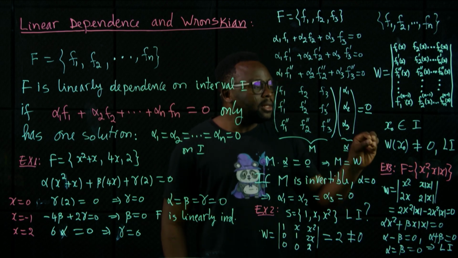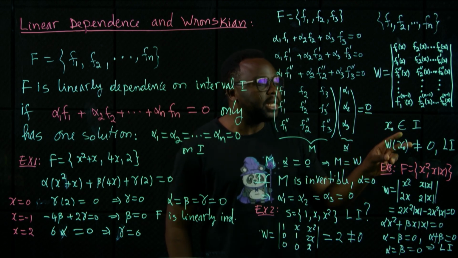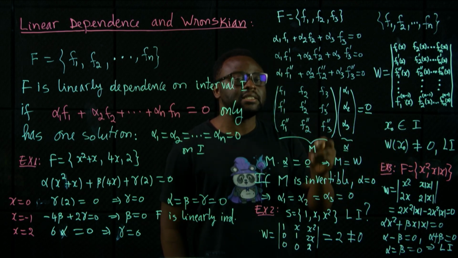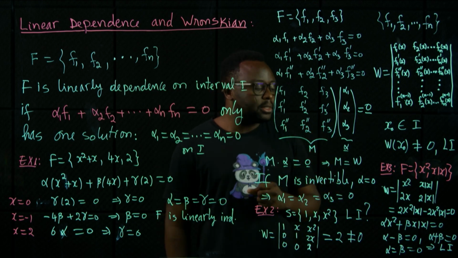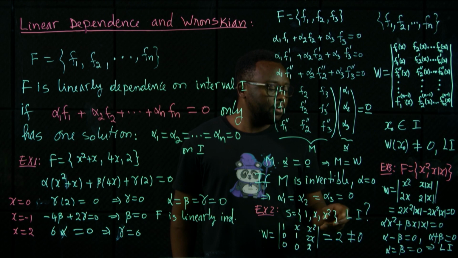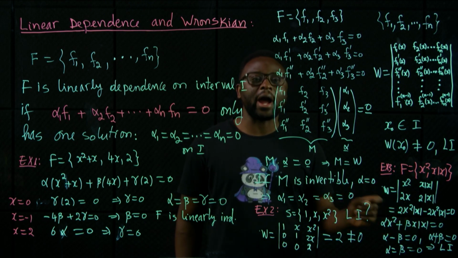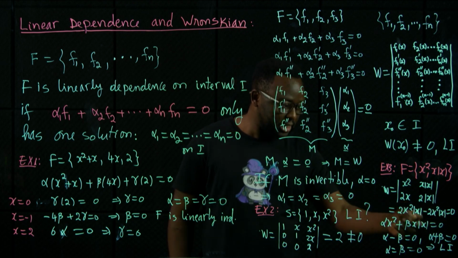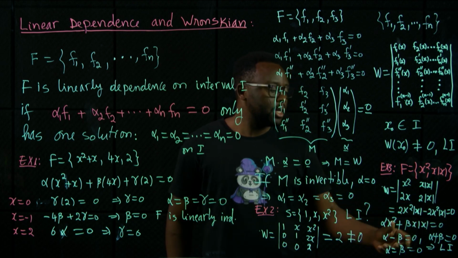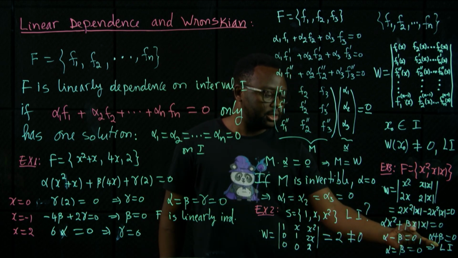But when the system is linearly independent, it doesn't mean that the Wronskian is non-zero everywhere on the interval. Now, for the second point, if the Wronskian gives me 0, I cannot conclude that the system is linearly dependent, as we can see in this example. So I still have to check.